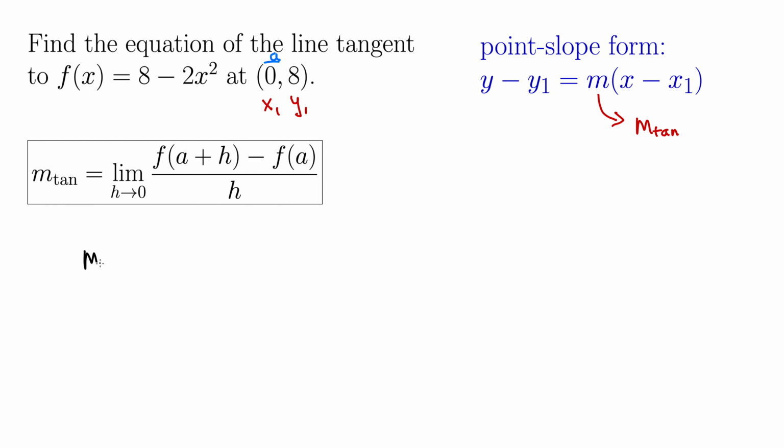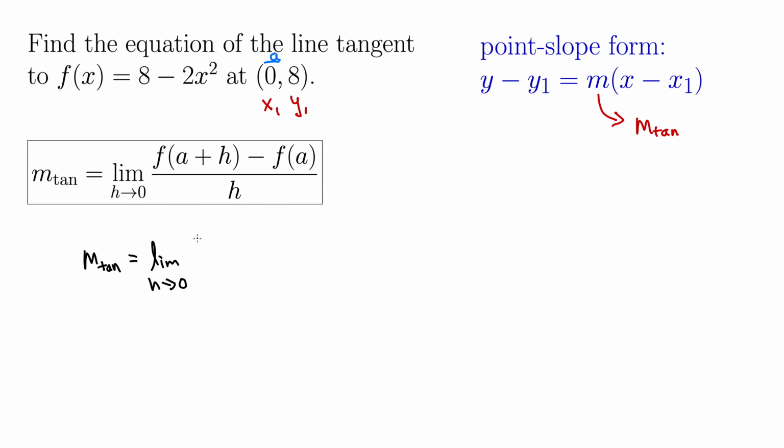So we can do this calculation. The slope of the tangent line m tan is the limit as h goes to 0. Since h is going to 0, we want to get this h to cancel out. That's what we need to focus on in these kinds of examples. It's the same thing we focused on for the difference quotient earlier in this course and in pre-calculus. So let's see if we can get that h to cancel out.